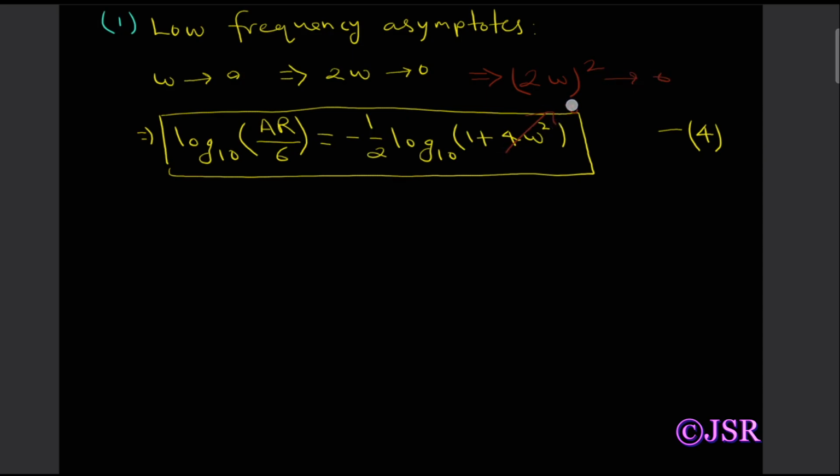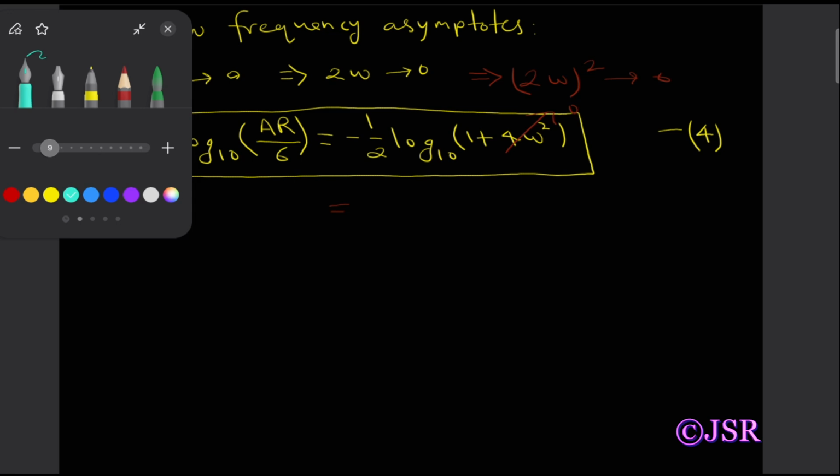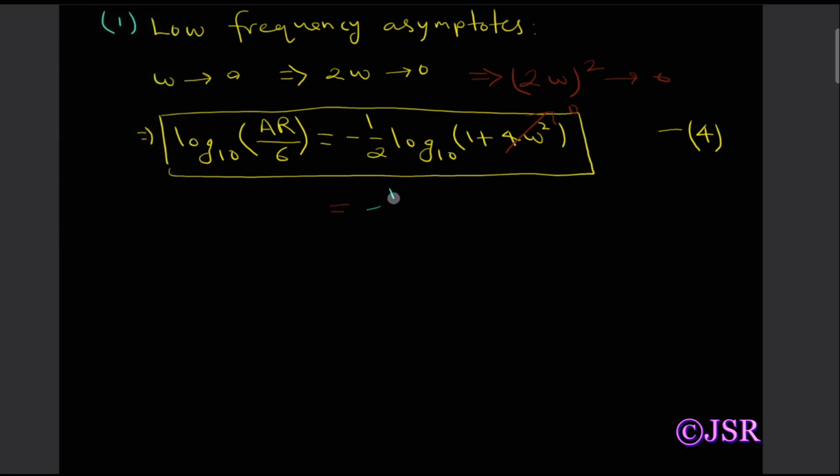So it means this second term tends to 0, and we will have minus half log 1, and that will be equal to minus log 1.